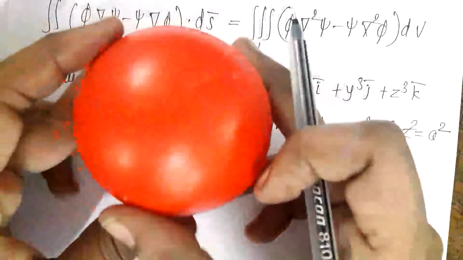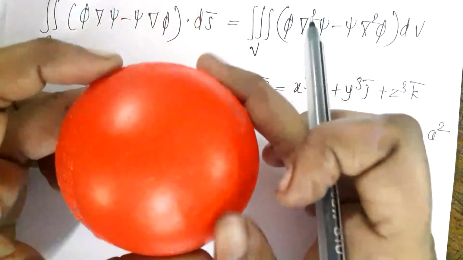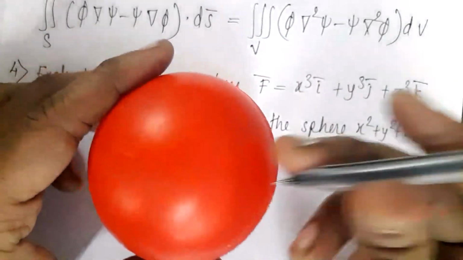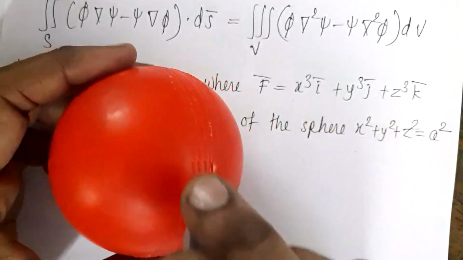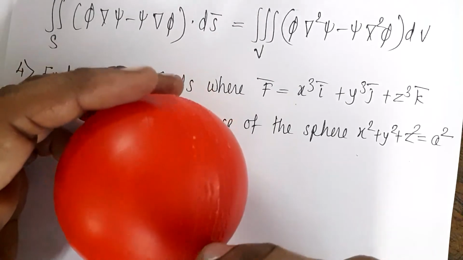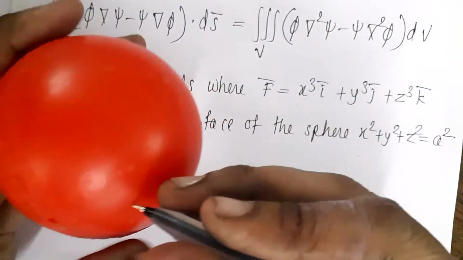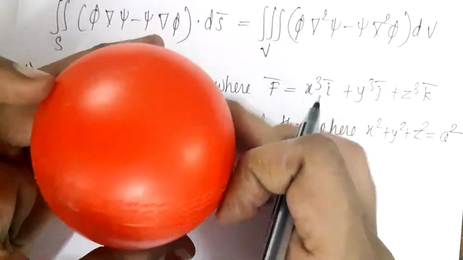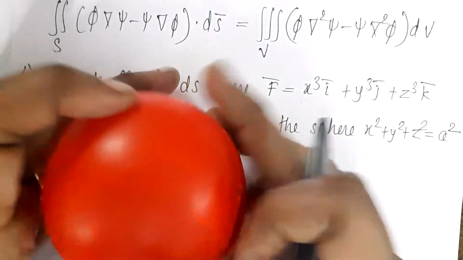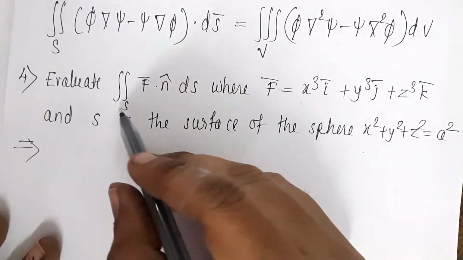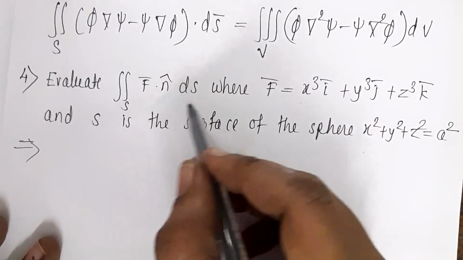But this is completely a curved surface, so how do we find the normal? The normal may be in the x direction, the y direction, or the z direction. In any direction we get a normal because it is a fully curved surface. So it is difficult to find n cap here, and we cannot directly evaluate this example by F dot n cap dS.